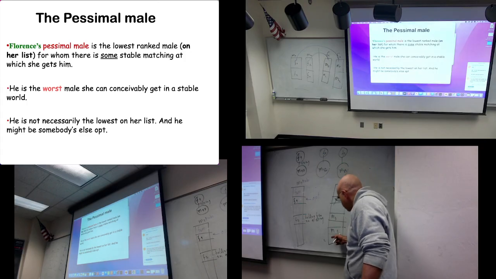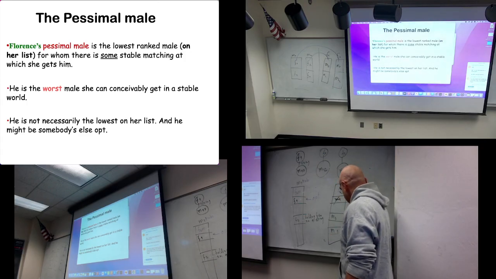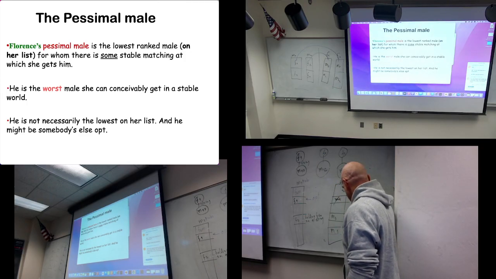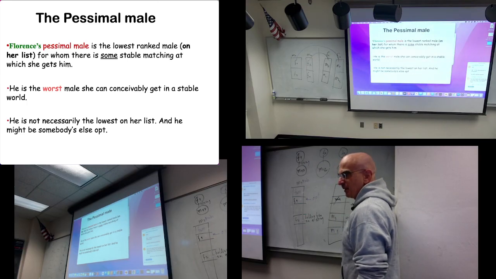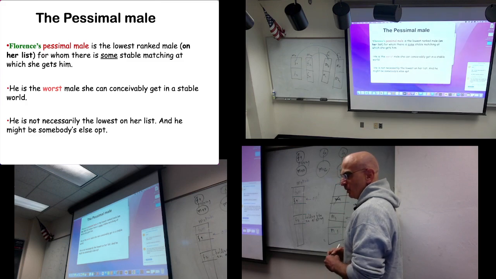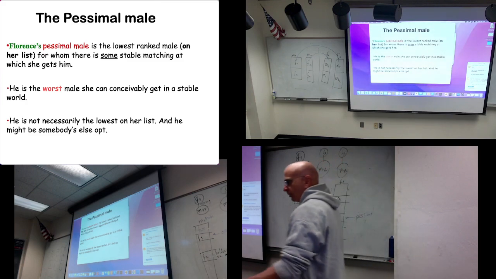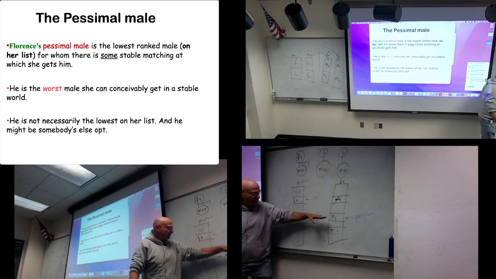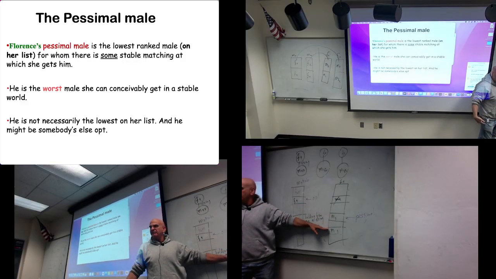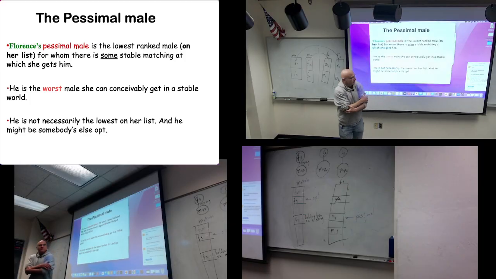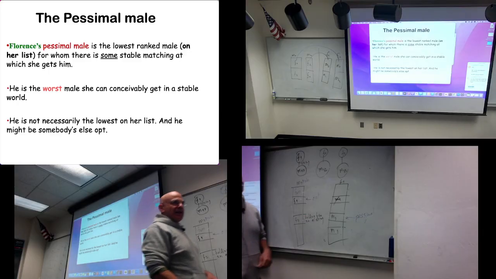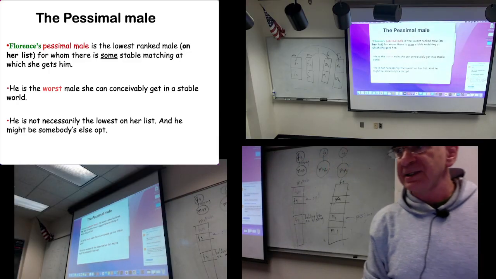She can do better than whomever is at the bottom, but there is a worst she can do, as bad as she can do in any stable world. Going below this guy will make the whole matching unstable. There will be a rogue couple. But that's the worst she can do in any stable world. Maybe it's the lowest one on the list, maybe not. I don't care.